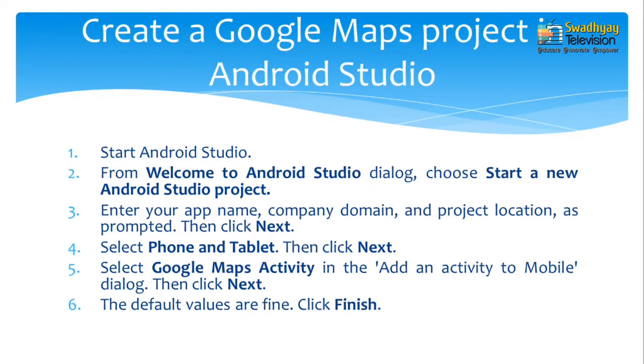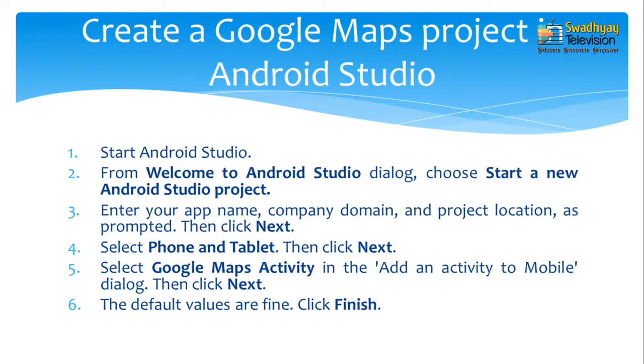The steps for creating a Google Map project in Android Studio are shown on screen. First, you have to start Android Studio. As we know, it first displays the welcome screen. So, from there you have to select start a new Android Studio project and enter your application name, company domain and project location as prompted, and then you have to click next.